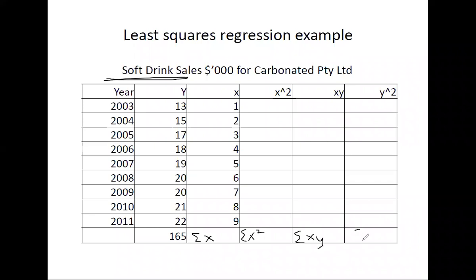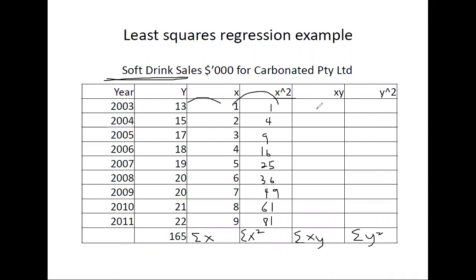We are interested in summation Y squared as well. Summation X squared is just the square of this. So 1 squared is 1, this squared is 4, this squared is 9, 16, 25, 36, 49, 64, and then 81. Then you sum it up. Summation XY is just this times this.